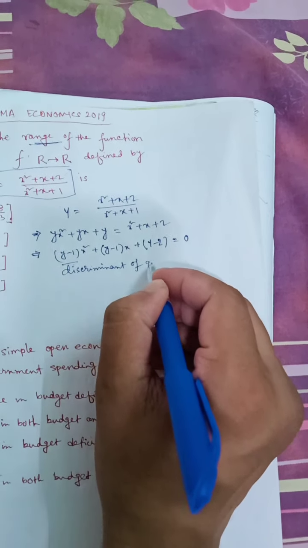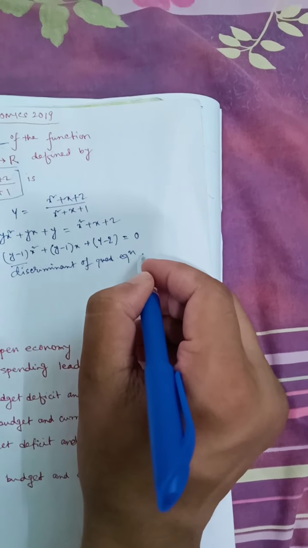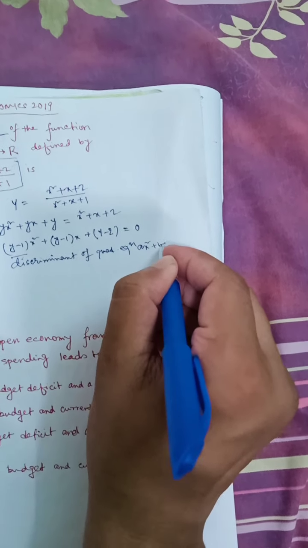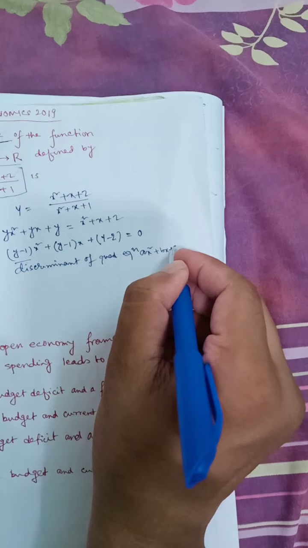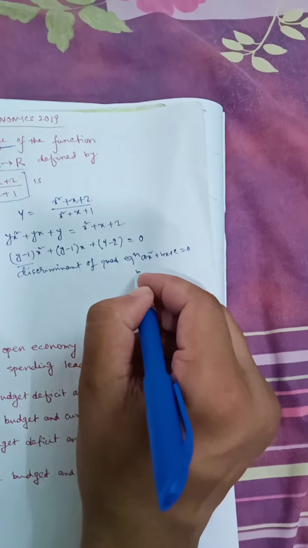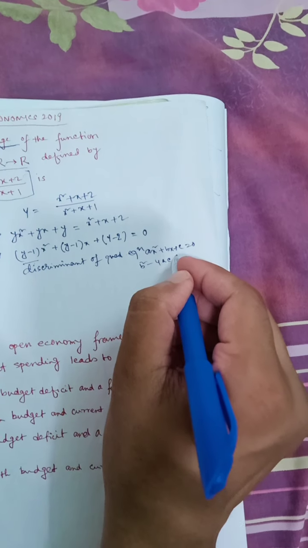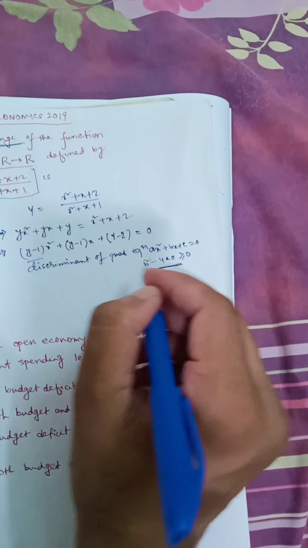You know that in a quadratic equation ax² + bx + c = 0, the discriminant is b² − 4ac. For real values it should be greater than or equal to 0; the discriminant should be non-negative.